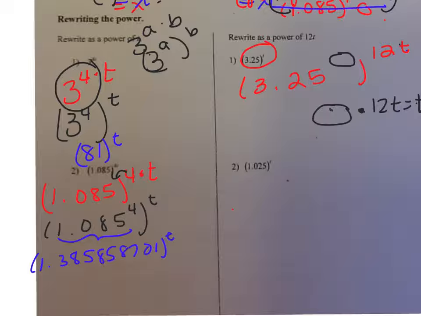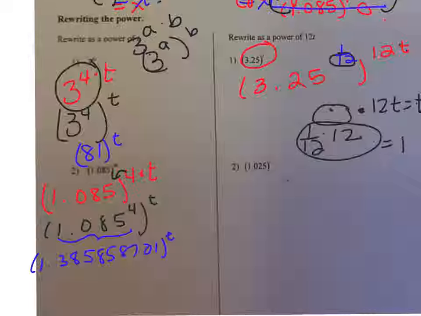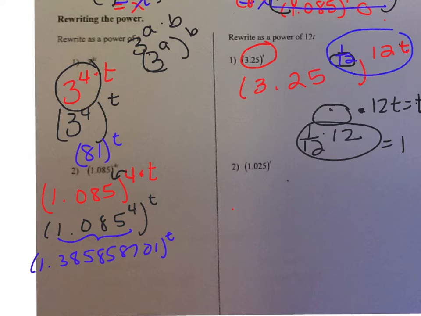What number could I put in this circle? 12 times 1/12 is equal to 1. So this exponent here is 1/12. So 3.25 to the 1/12 power to the 12t is equivalent to this, because this exponent becomes just t.